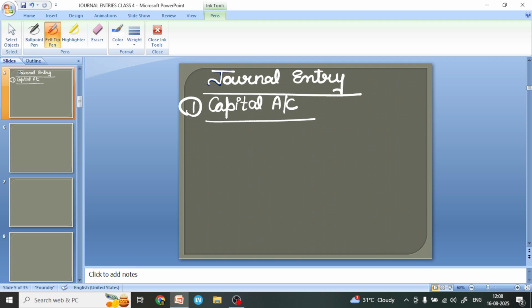But if you purchase any land, any building, any furniture and fixtures during the time of business, then that is not called capital. But if before the starting of business you purchase all these things, then it is called capital. And the capital account will be credited.